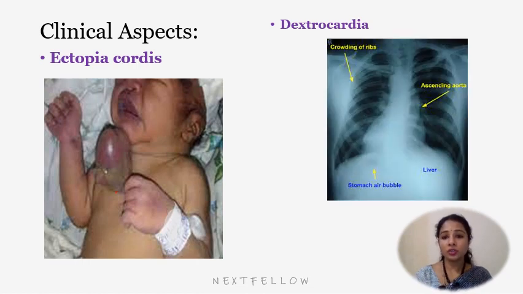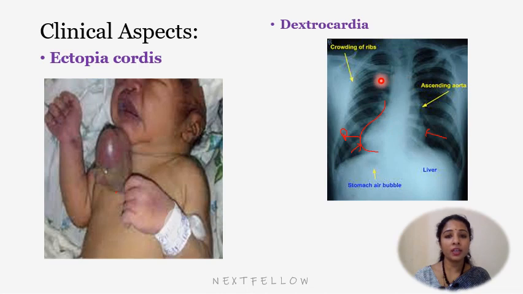Dextrocardia is a rare heart condition in which the heart points towards the right side of the chest. Usually the heart should be towards the left side, but here we can see it is directed towards the right side, which is called dextrocardia.